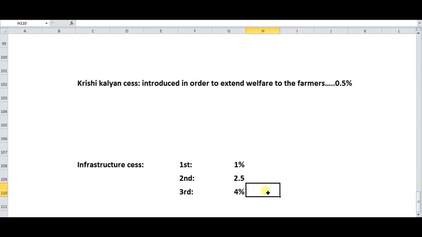If you are manufacturing vehicles like SUVs, you are liable to pay 4% cess to the central government, which was recently introduced in budget. I think it is 2016.